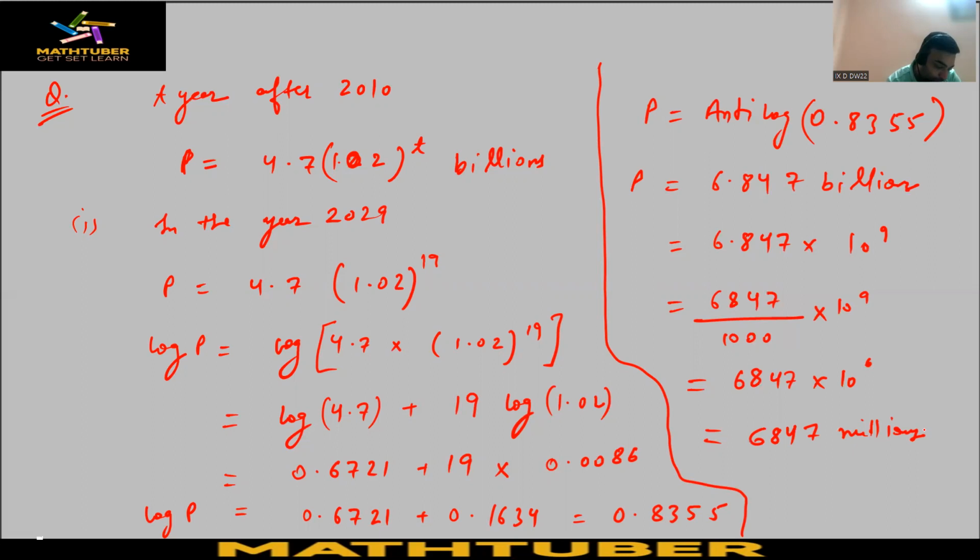Next part, second part of the same question says that we have to find the year in which the population will be double of the population of 2020.